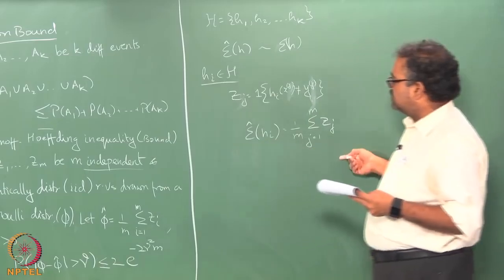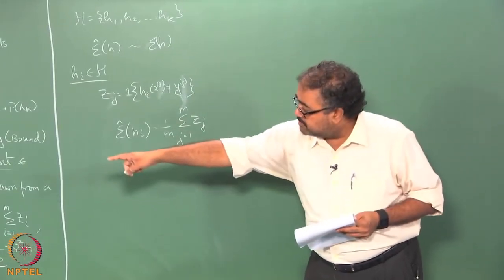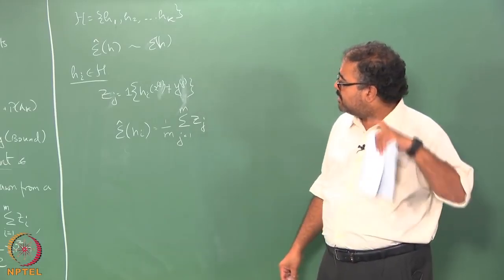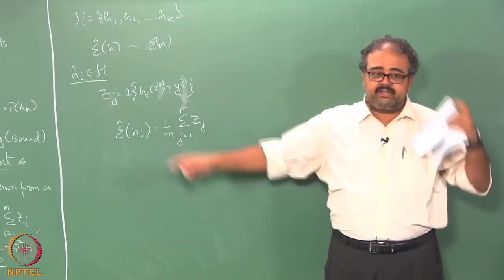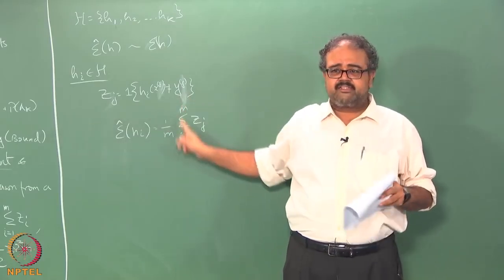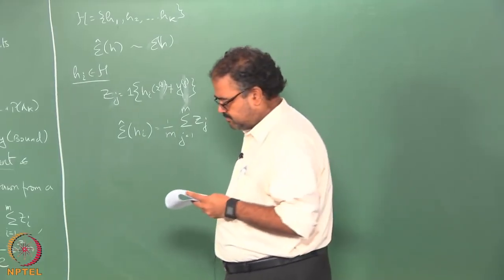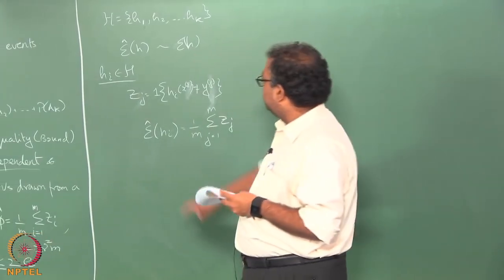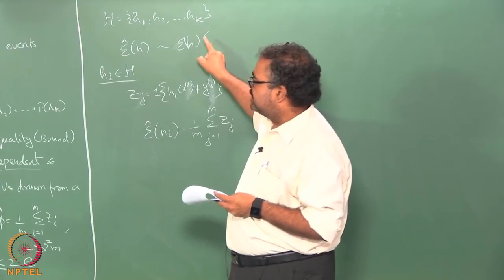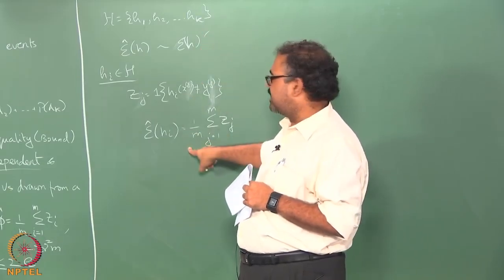Right. So that is my epsilon hat hi. So we know that, right. So epsilon is already defined there, right. So all I have done is taken whatever expression was there in the sum and defined that as Zj, and I get this. So already we know that. So what is epsilon h? That is the true mean, right, and what is epsilon hat?